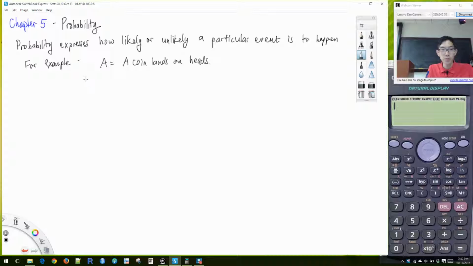And we would then say the probability of A is equal to 0.5. So this indicates how likely event A is to happen.